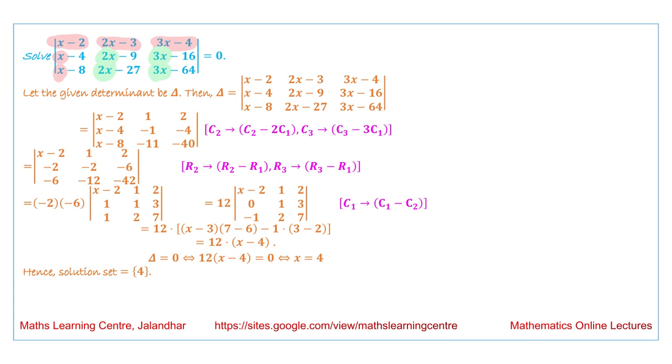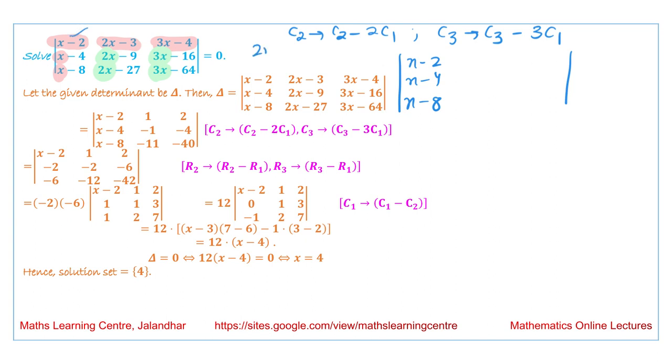So the operation we are going to perform now is column 2 approaches column 2 minus 2 times column 1, and column 3 approaches column 3 minus 3 times column 1. So when we perform this operation, the determinant we get is x minus 2, x minus 4, x minus 8. When we multiply this term with the 2, this term will become 2x minus 4.